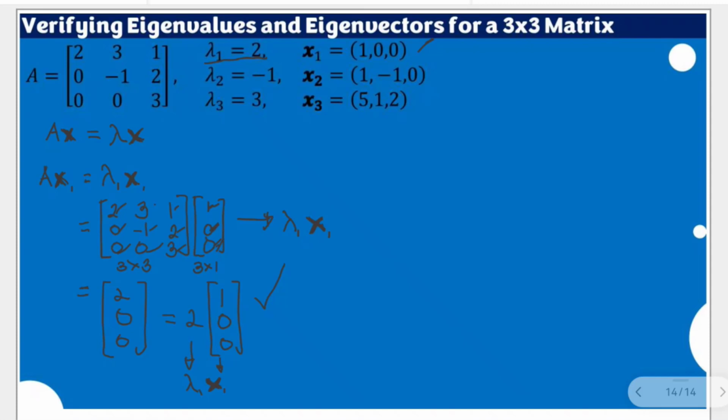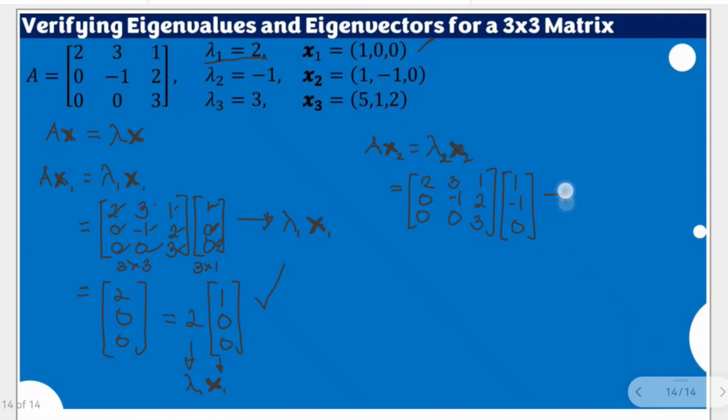So replicating the process for our next, you will have here for your A, x sub 2 must be the product of lambda sub 2 and the same x sub 2. So you have here A, which is 2, 3, 1, 0, negative 1, 2, 0, 0, 3, to be multiplied with your x sub 2, which is 1, negative 1, and 0.